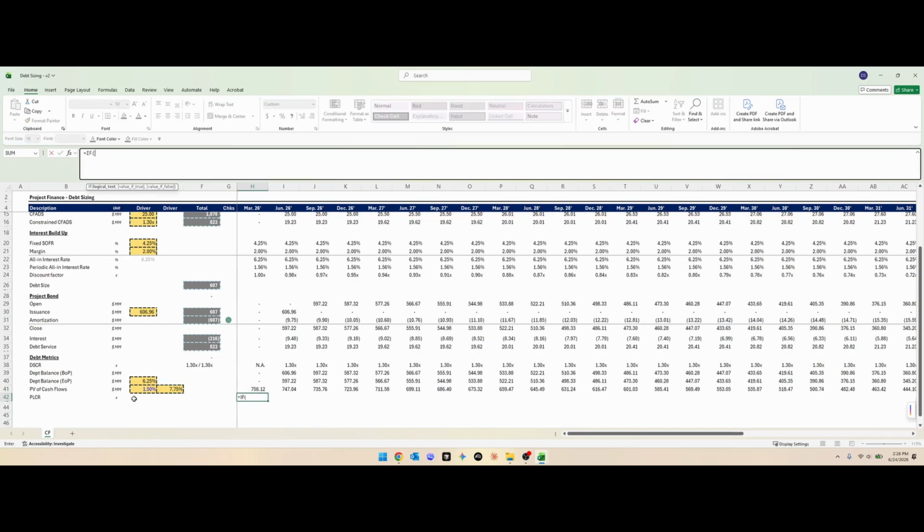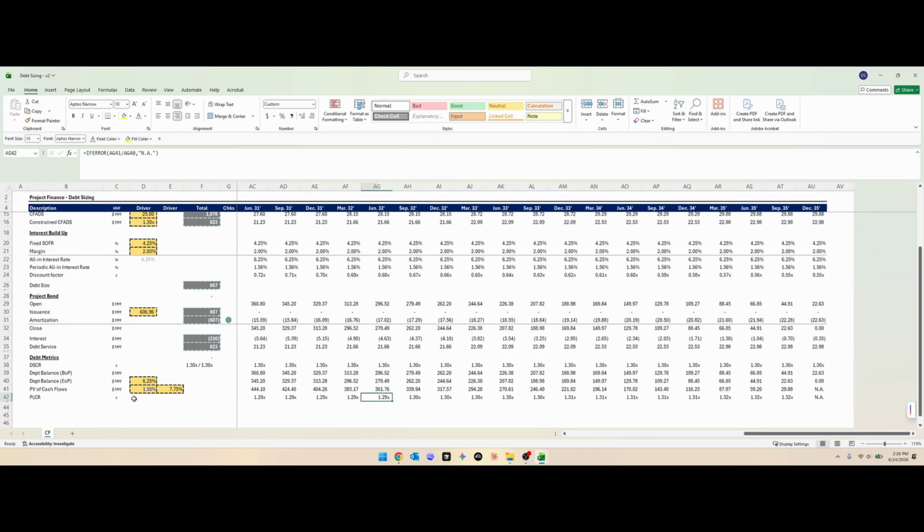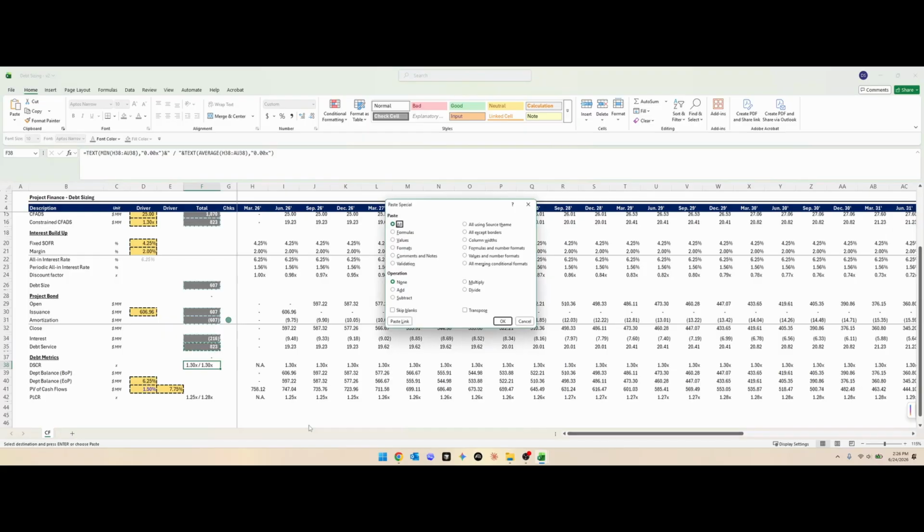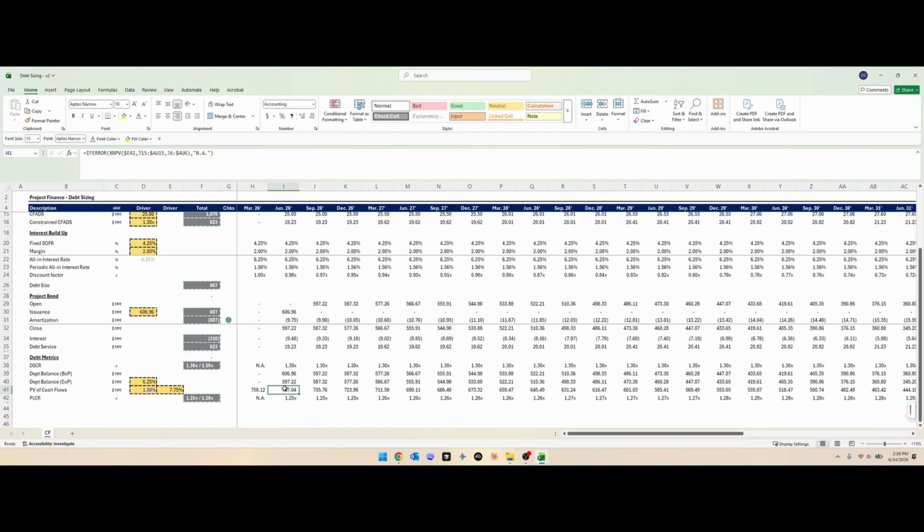We're going to put a simple IFERROR on here, and then take the ending debt balance to ensure that this amount is always over 1, especially at your refinancing period. Basically, this tells us the refinancing value of these cash flows at a higher rate.